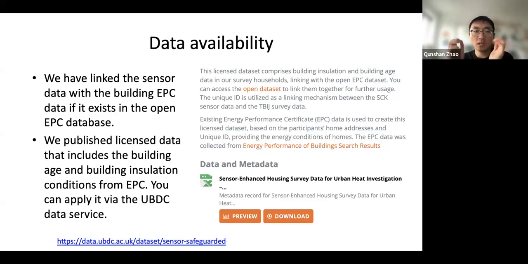It includes more of the building age and building installation conditions from the EPC, in case you want to use the data for, say, building simulations in the future. The main reason we made it licensed data is to prevent people from re-identifying people's addresses by matching the EPC records with the open data set.